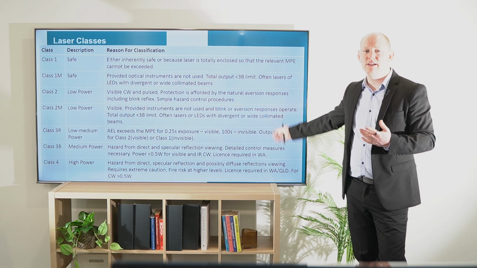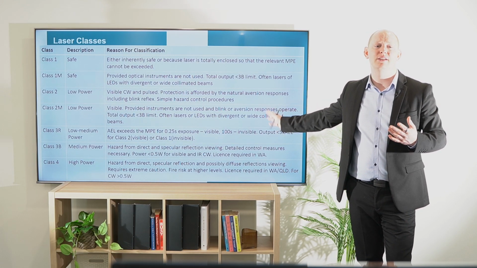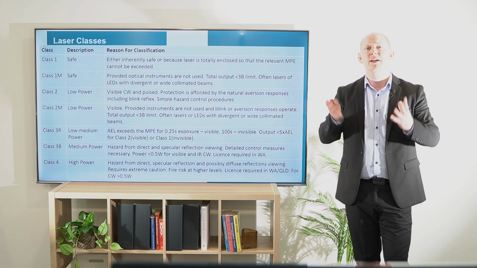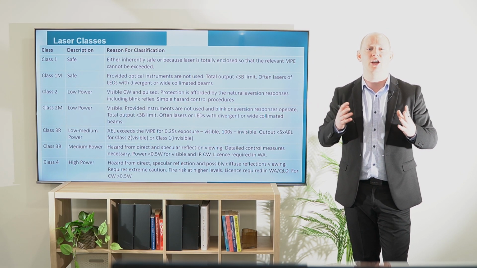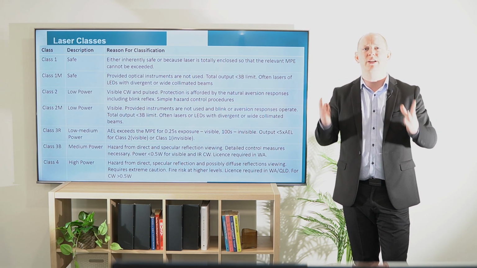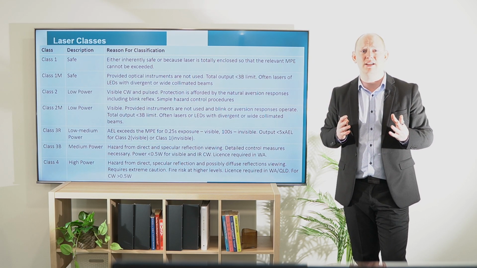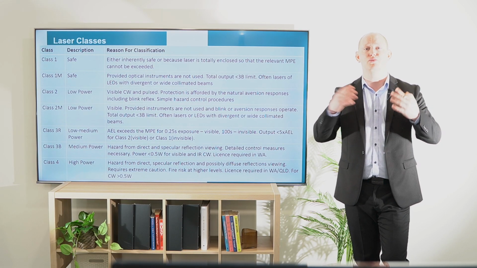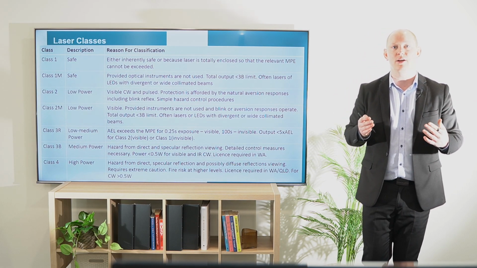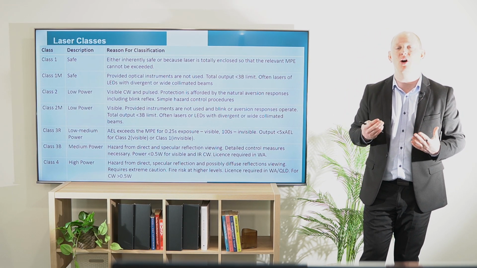But then as we're starting to get into our class 3s and up to our class 4, that's where we're really needing our glasses. And we talked about the MPE earlier, because that's really important to have an understanding of, because that nominal ocular hazard is really important here, so that we can reduce that risk of someone having eye concerns.